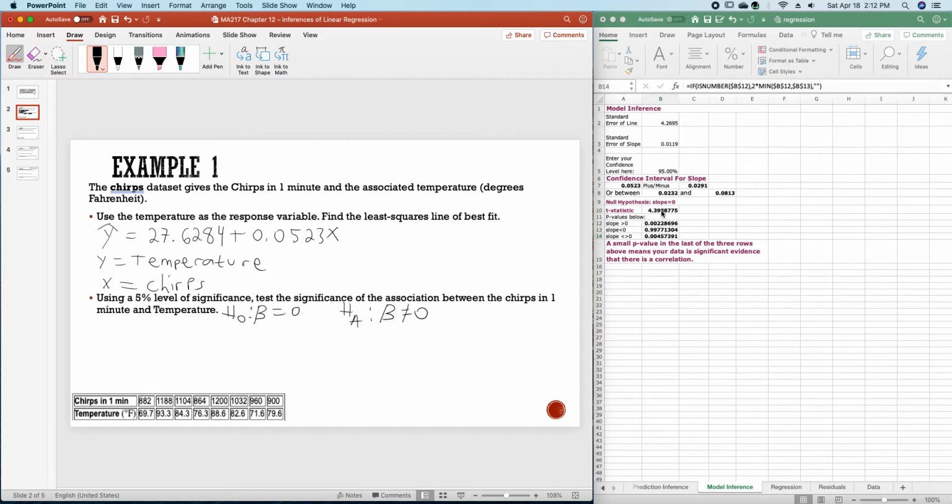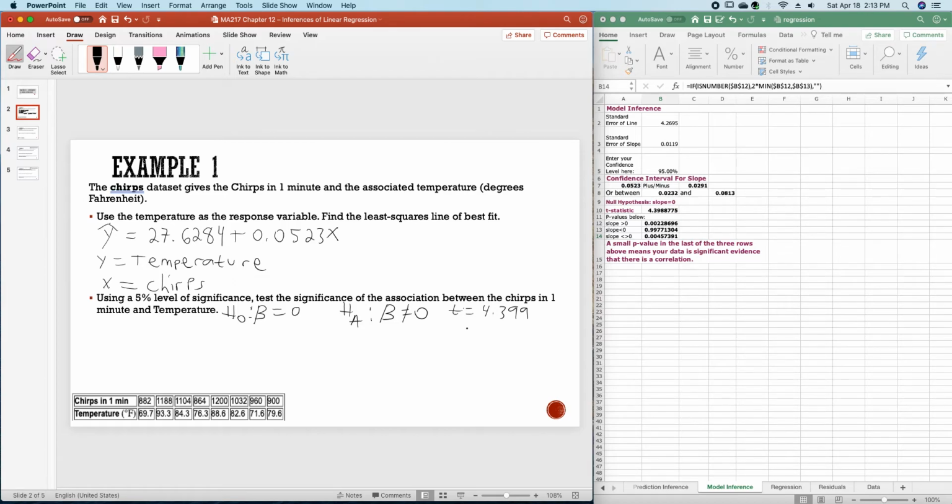Based upon this hypothesis test, we obtained a t-stat here of 4.399. And the p-value for the slope not being 0 is 0.0046.